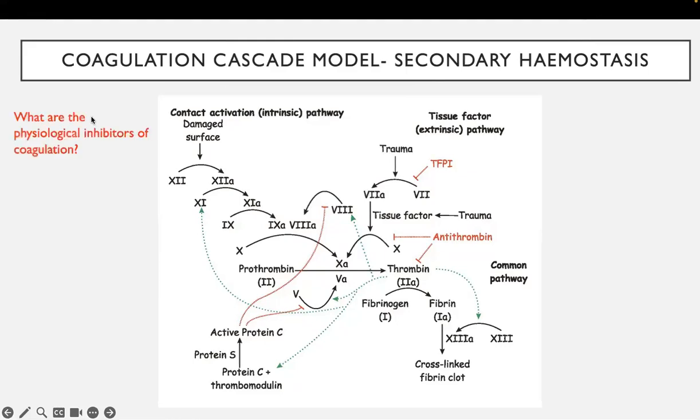Okay, I'm guessing silence is not questions. So I have a question for you. What are the physiological inhibitors of coagulation? We know what the clotting factors of coagulation are, but what are the physiological inhibitors? What inhibits all of this coagulation cascade?